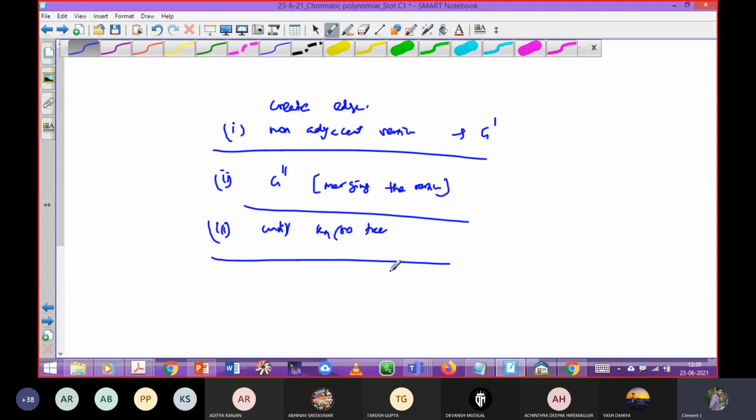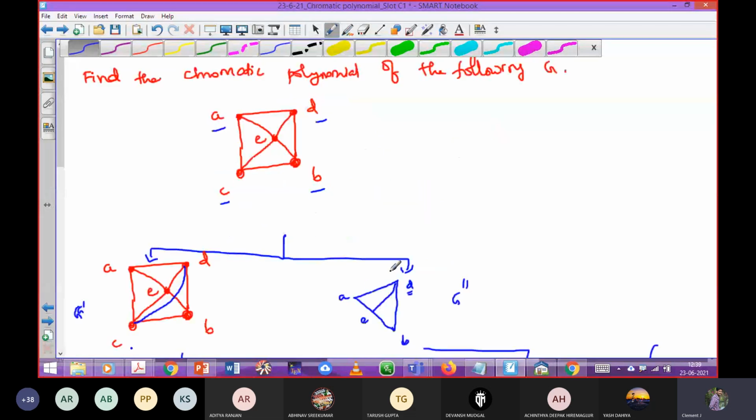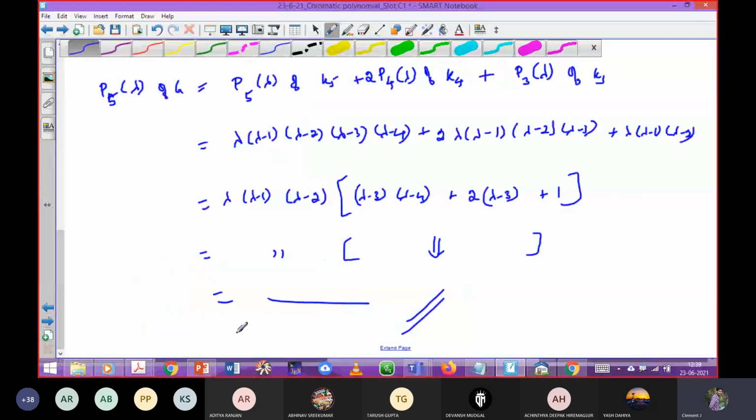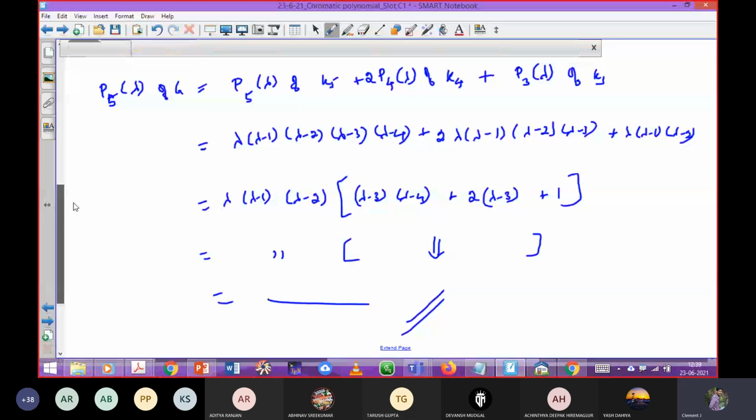So finally, mostly you will get the shape of a complete graph. Very rarely you can get the shape of a tree, but mostly you will get a complete graph. So that is the procedure. This is a very important 10 mark problem. Usually this single question can be asked as a 10 mark.